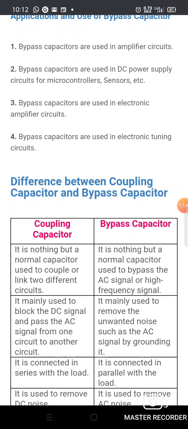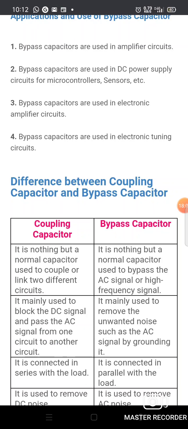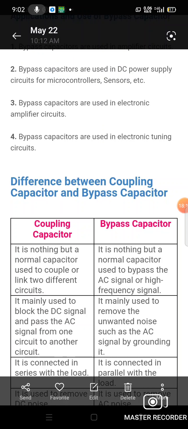First point of the coupling capacitor: it is nothing but a normal capacitor used to couple or link two different circuits. The capacitor is named the coupling capacitor in those two particular places to couple the connections of one circuit to another circuit.